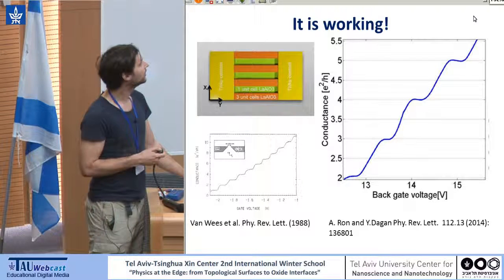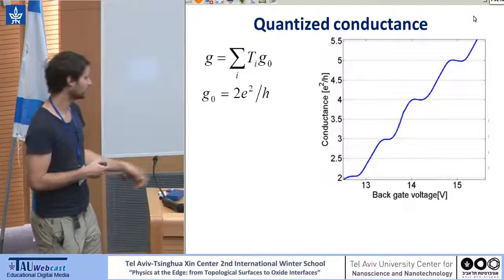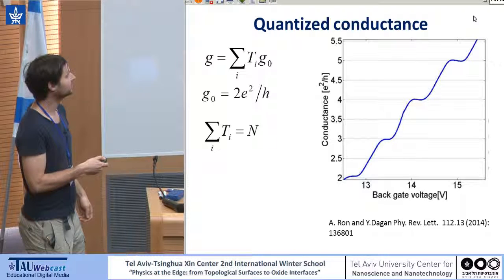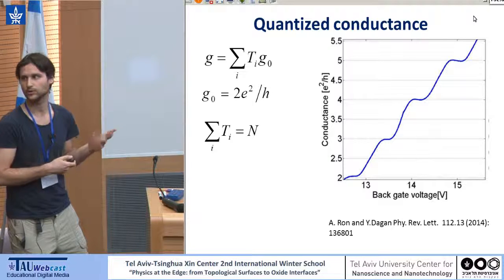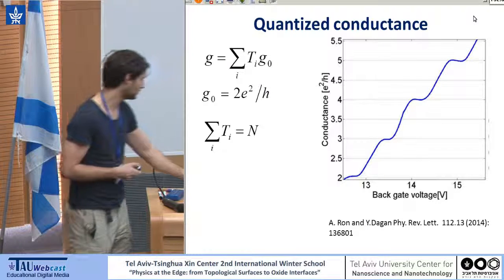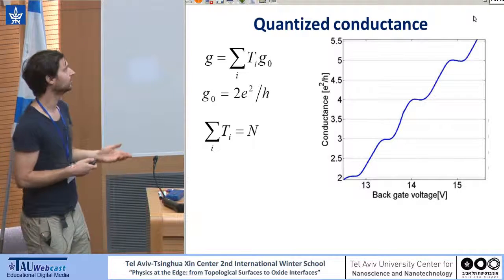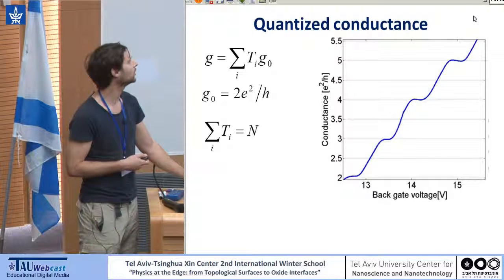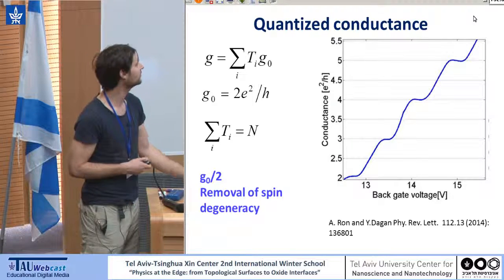What is different about this plot than the regular quantum point contacts is first that the steps here are of a single e squared over h and not the 2 e squared over h that we're used to from semiconductors. So this could be related maybe to some removal of spin degeneracy that happens for some reason in these wires, maybe related to the magnetism we know that might be in there.